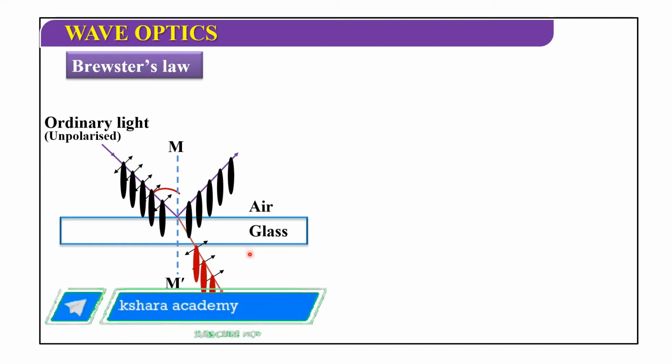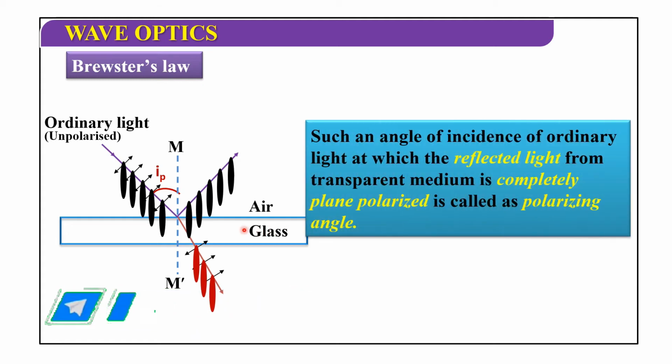Observe the picture. Such an angle of incidence of ordinary light at which the reflected light from the transparent medium is completely plane polarized is called the polarizing angle.